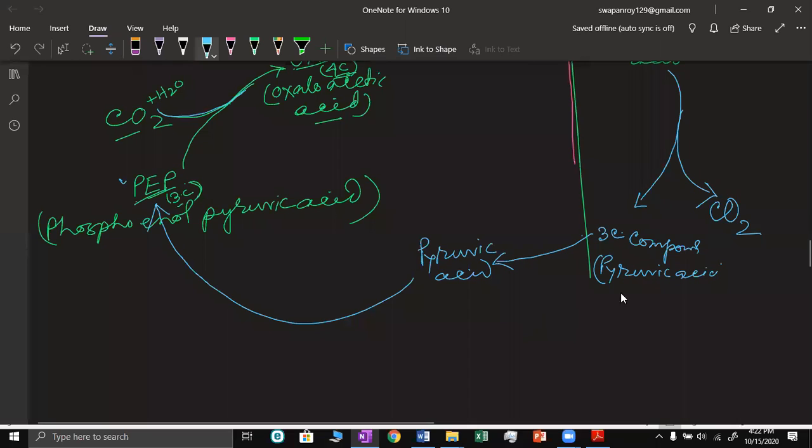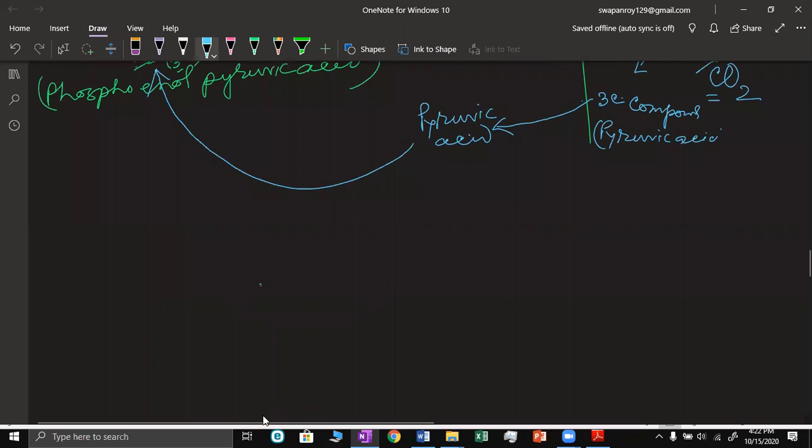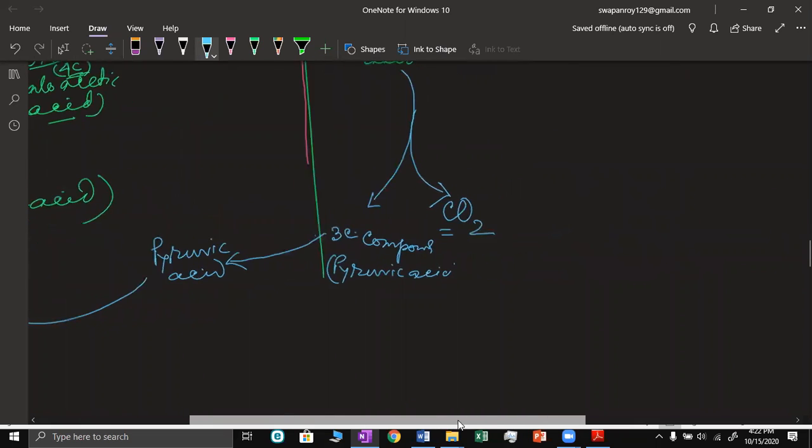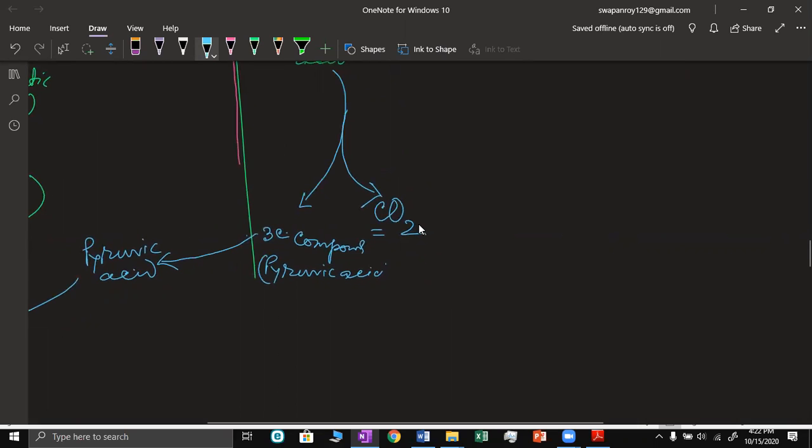Now what is happening? This carbon dioxide which is released in the bundle sheath cell is absorbed by RUBP and forms two molecules of phosphoglyceric acid.